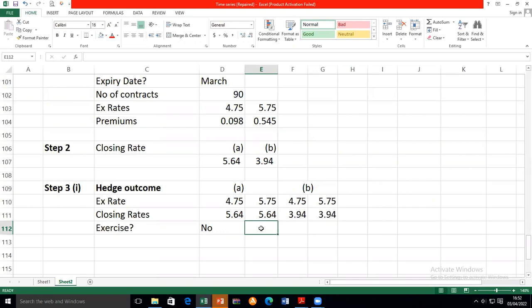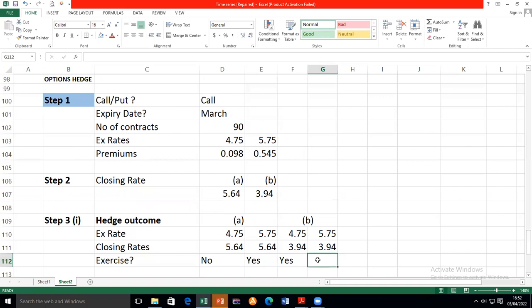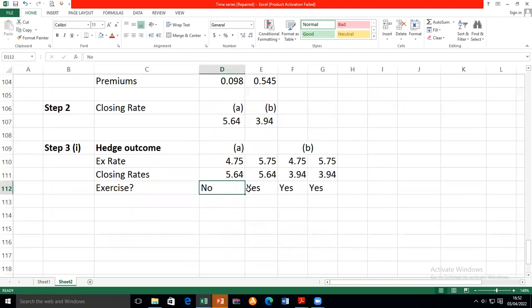You have a right to invest at 5.75. In the markets of 5.64, are you going to use your right? Yes. What of here? What of there? So that is how you decide.